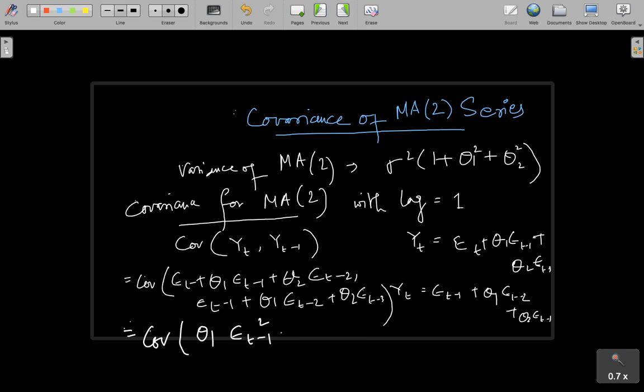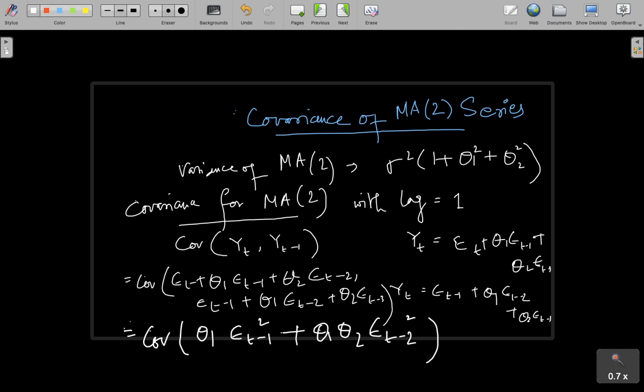Now I can add the theta 2 epsilon t minus 2. The first term will cancel out. The second term will remain: theta 1 theta 2 epsilon t minus 2 square, right? And the last term will, of course, cancel, so t minus 2 with t minus 3 will cancel out.